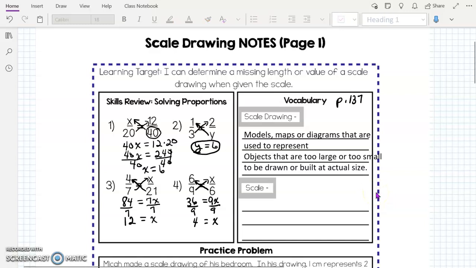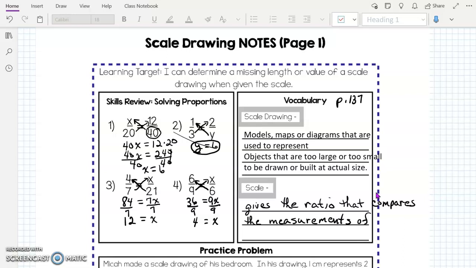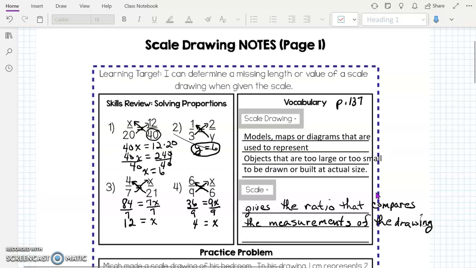Okay, what is a scale? A scale gives the ratio that compares the measurements of the drawing to the real measurements.